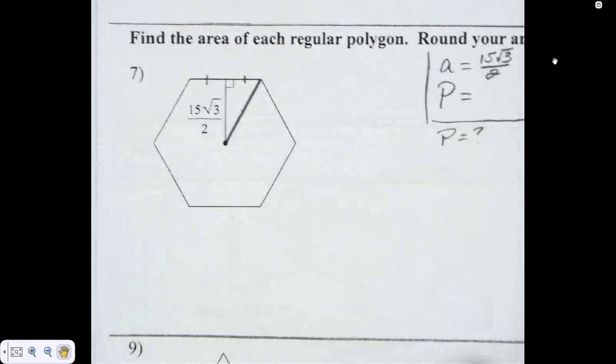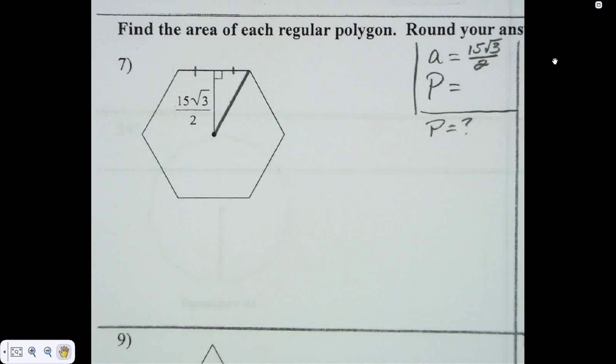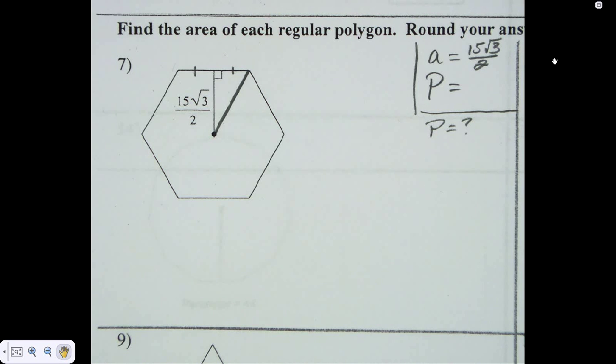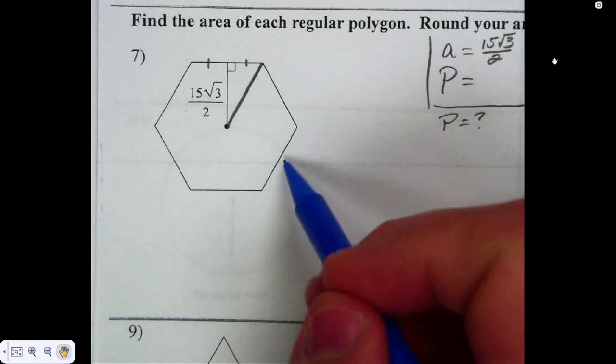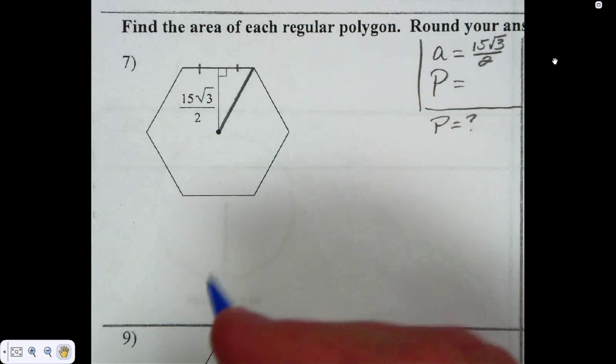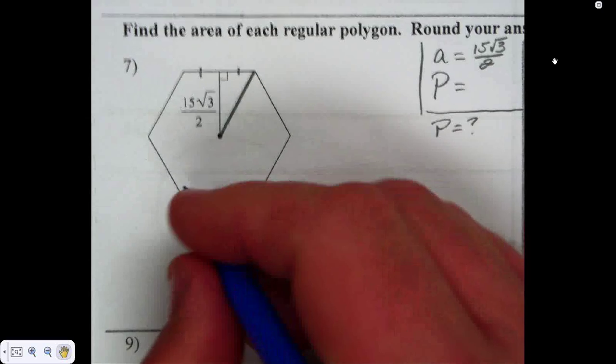Everyone stop writing and just watch what I'm doing up here. If you took the notes from the video, did I not break down the interior angles of regular polygons for however many sides it has? How many sides does this have? 1, 2, 3, 4, 5, what? 6.